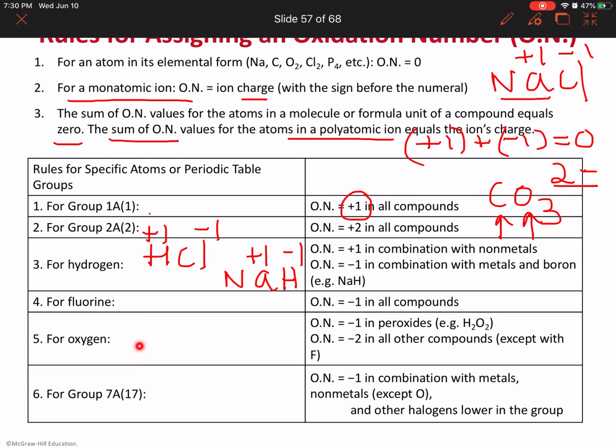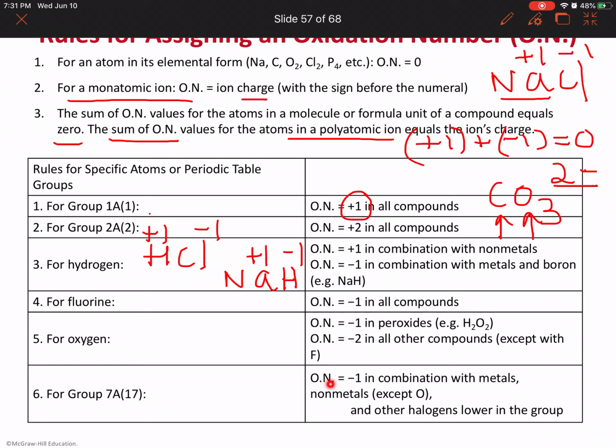And for oxygen, the oxidation number is -1 in peroxides, for example H2O2. And then the oxidation number for oxygen is -2 in all other compounds, except with fluorine. And group 7A, the group 7 elements, are your fluorine, chlorine, bromine, iodine.